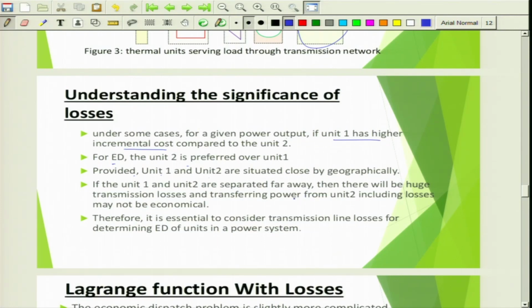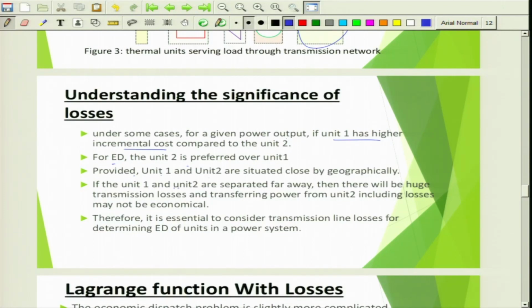So if one of the generators is of higher cost, we will try to extract minimum power from that generator and take maximum power from the second generator whose cost is less. But if unit 1 and unit 2 are separated far away, then there will be a huge transmission loss, and transferring power from unit 2 including losses may not be economical. Let us say one generator is very cheap, but it is situated far away, and if you transmit power you need to include the losses.